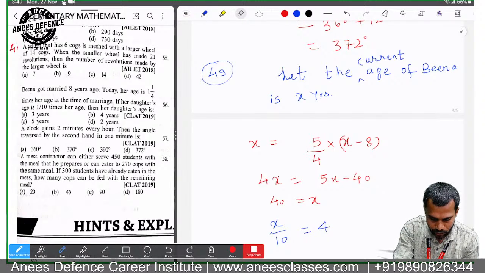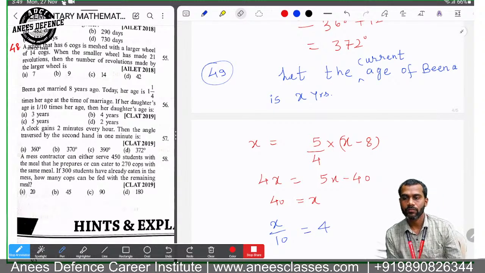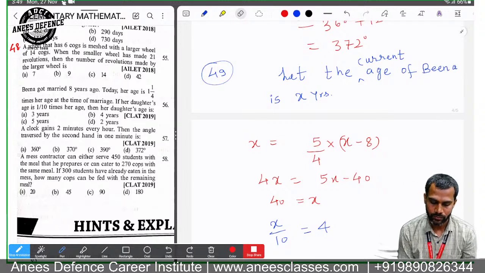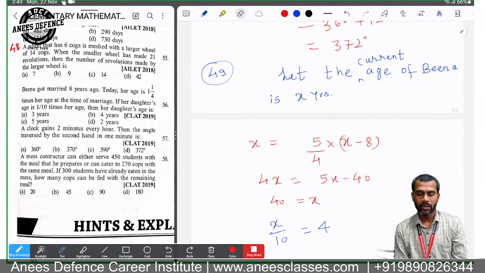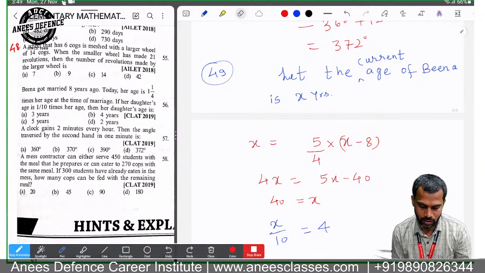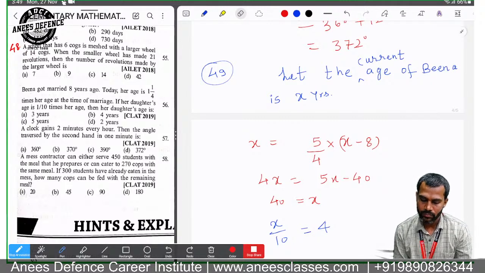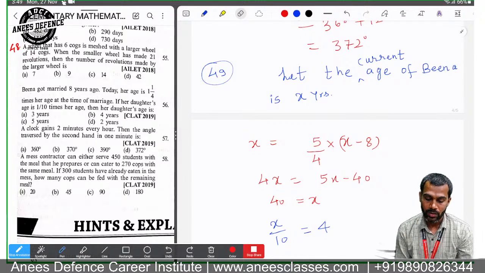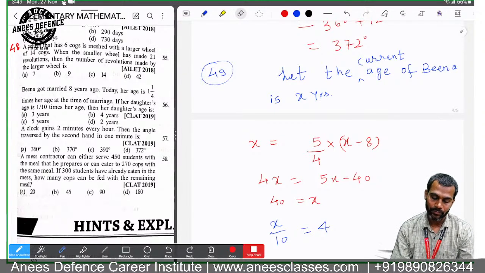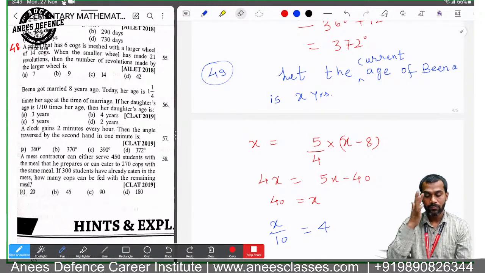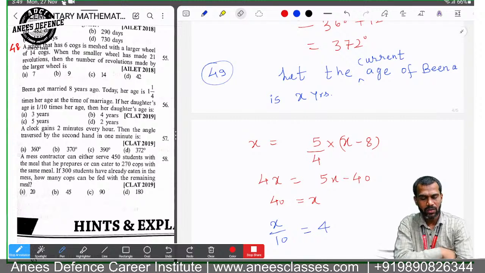So that is 48. Okay, very good. A wheel that has 6 cogs is matched with a larger wheel of 14 cogs. When the smaller wheel has made 21 revolutions, then find the number of revolutions made by the larger wheel. Very easy.